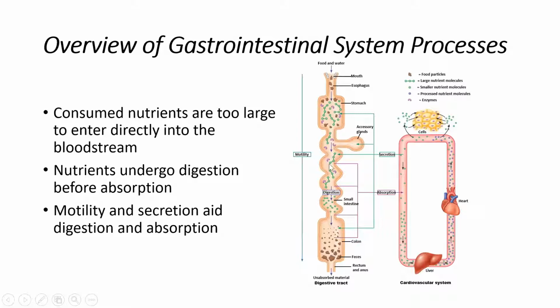Okay, and we can really see the four processes and where they take place. So digestion in the stomach and intestines, absorption taking place mostly in the intestine, so the absorption of those finer, smaller nutrients, and then secretion and motility happening throughout, which is what really helps to move food and other smaller particles through the system.